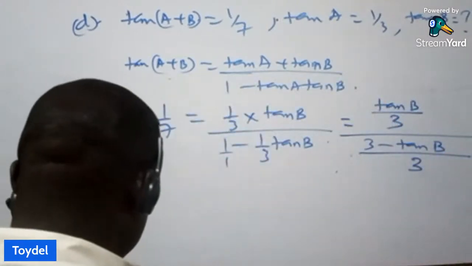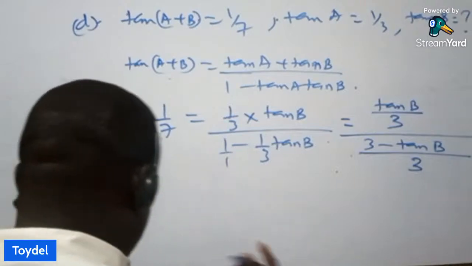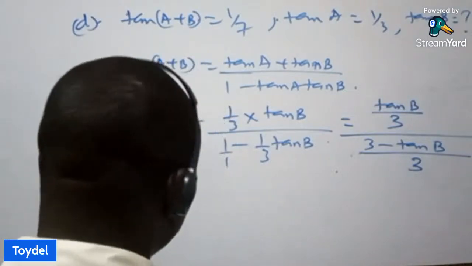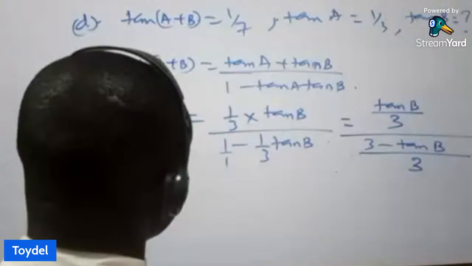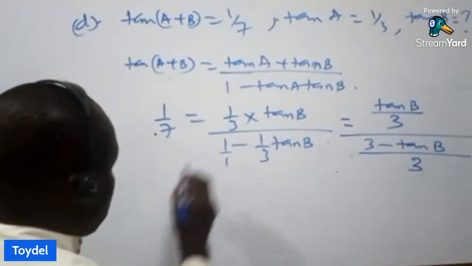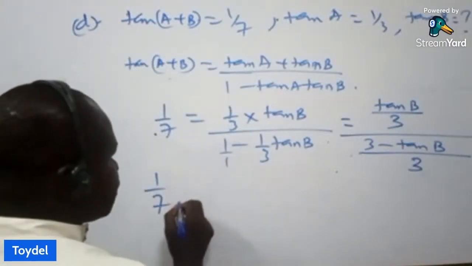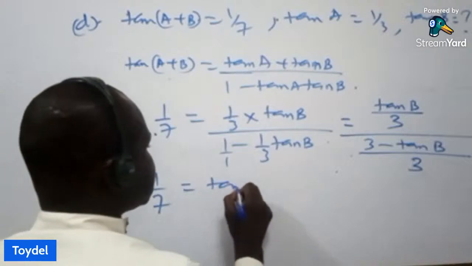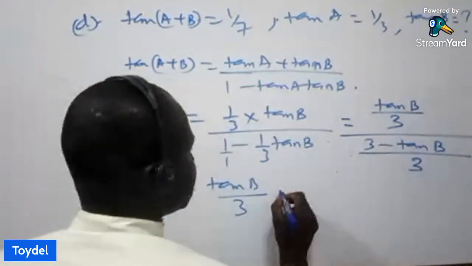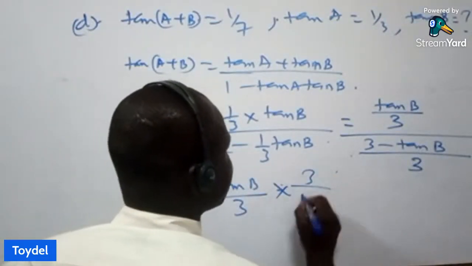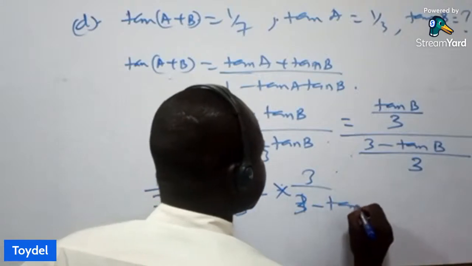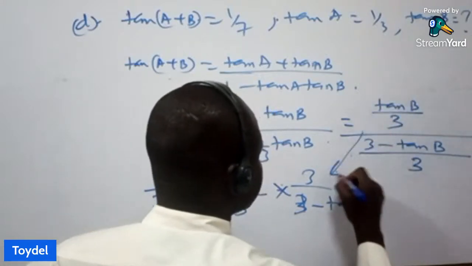So from there now, we can do cross multiplication. Or let me just rewrite this: 1/7 is equal to tan B over 3, multiplied by 3 over 3 minus tan B. From here, this is what we get.